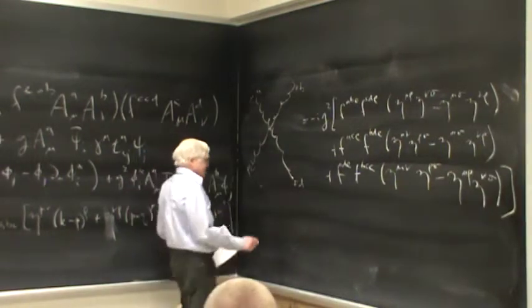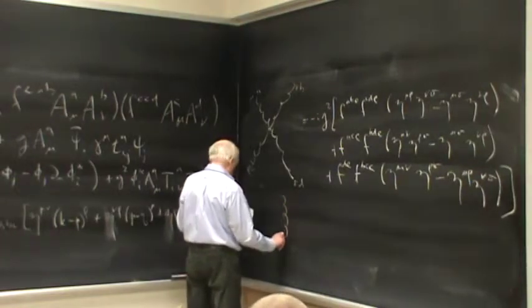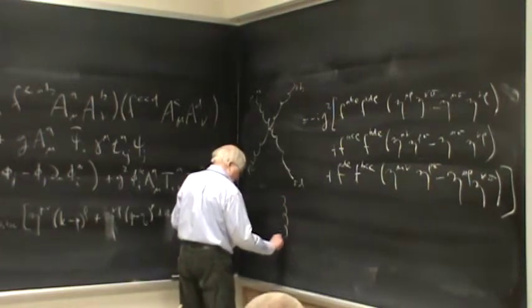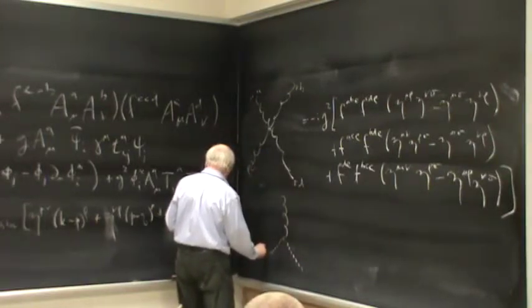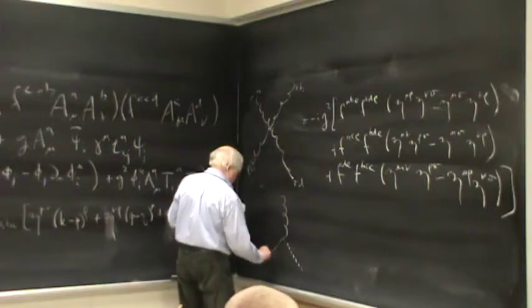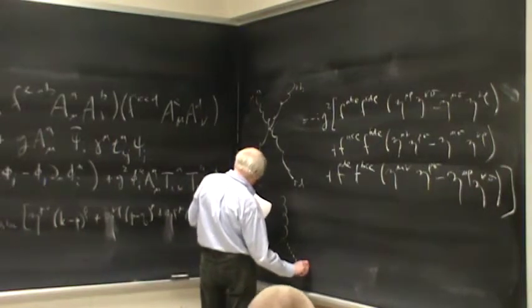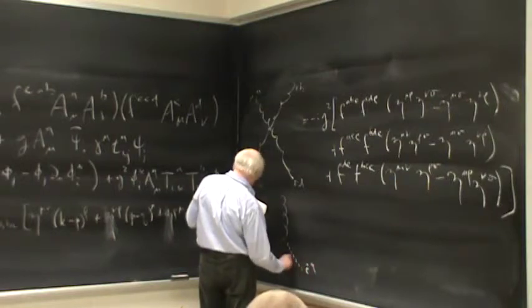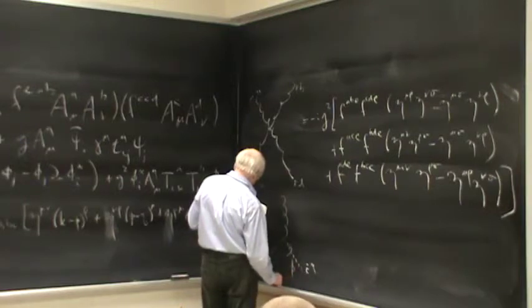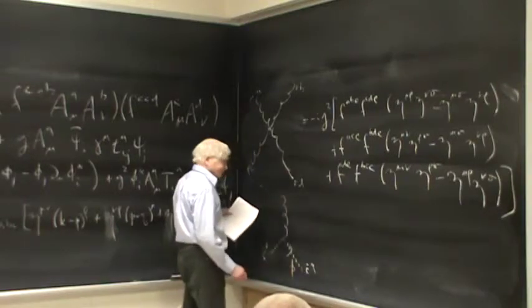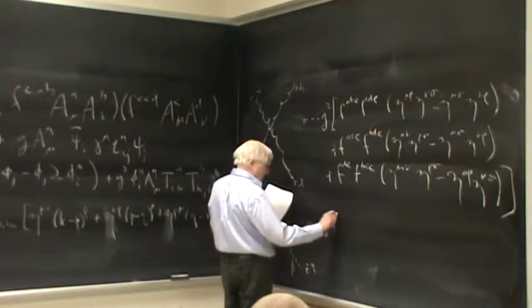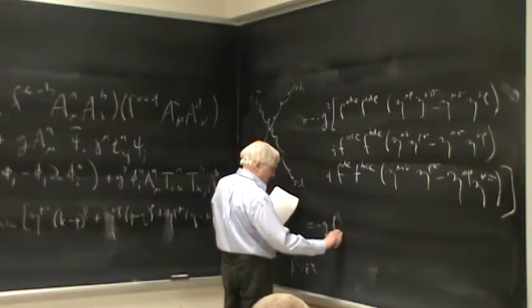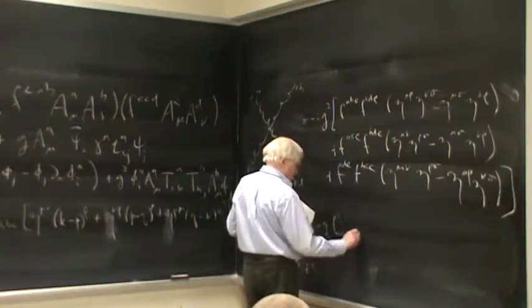Okay, here's the ghost vertex, ghost gluon vertex. So there's the gluon, and then here's this ghost coming in and going out. And this is C bar A, P going out, and this thing then is minus G F ABC P mu.